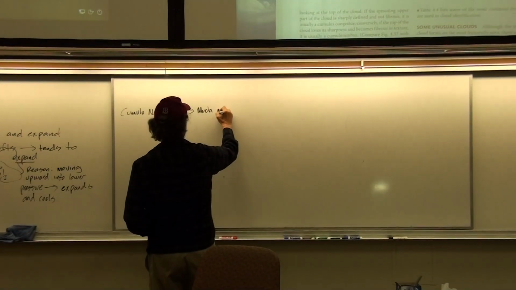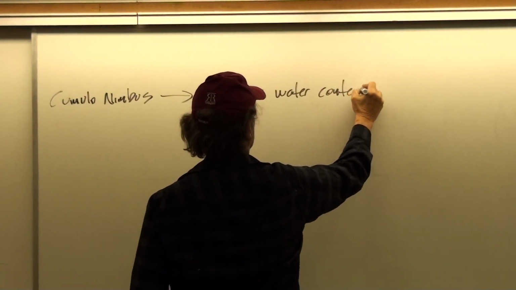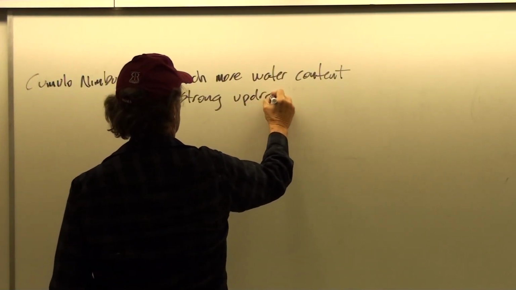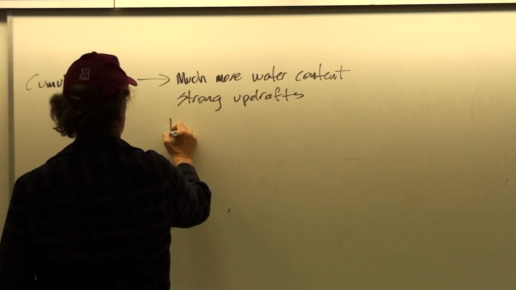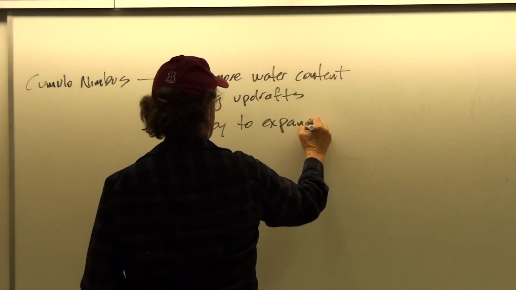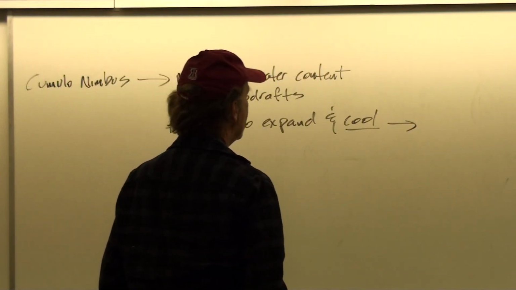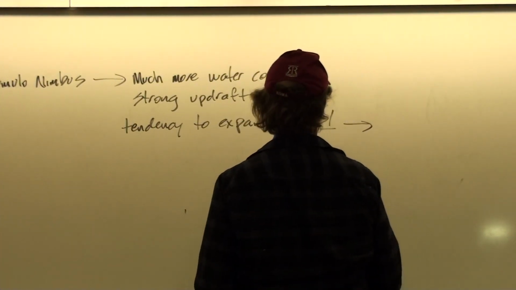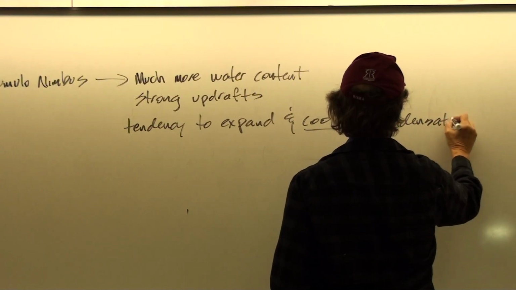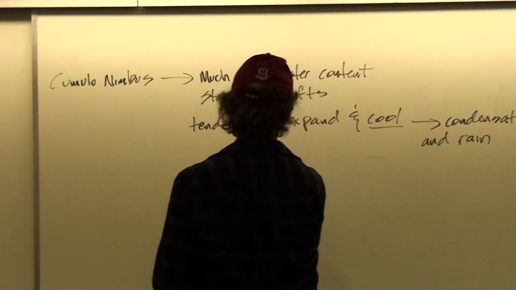So it's got more of everything. Now as it cools, this causes the water to dump out, so we get rain. But this tends to happen very quickly.